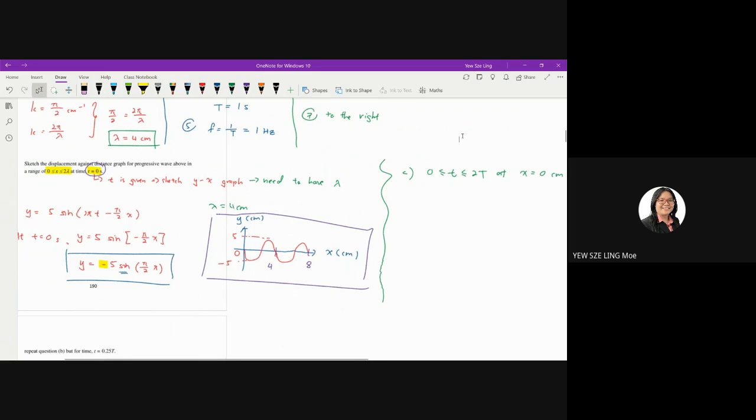If the question asks you to sketch a y against t graph, for when your x is equal to 0, then solve it. I give you 5 minutes to go through question B and to solve question C. Try to think, how are you going to solve it? How are you going to sketch it? So, 5 minutes from now.